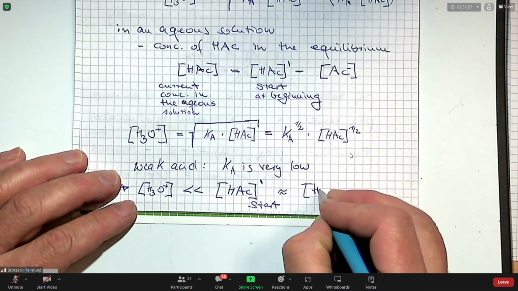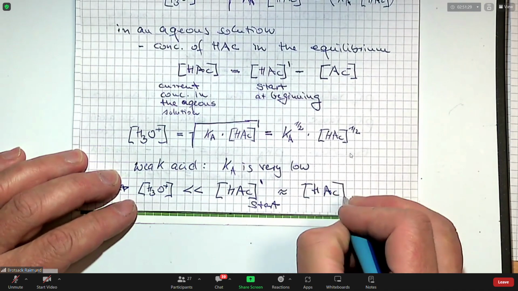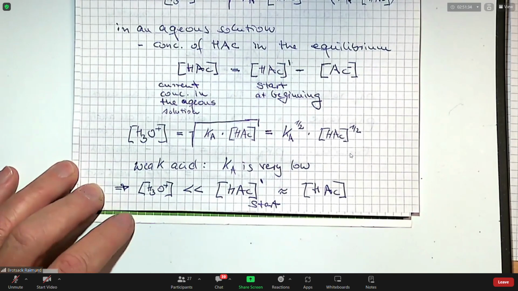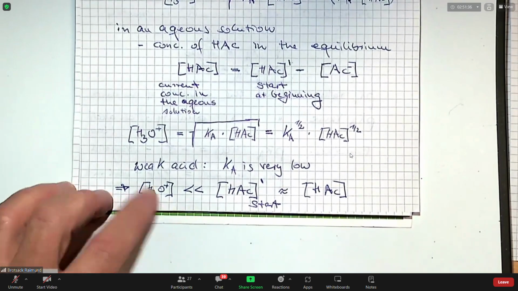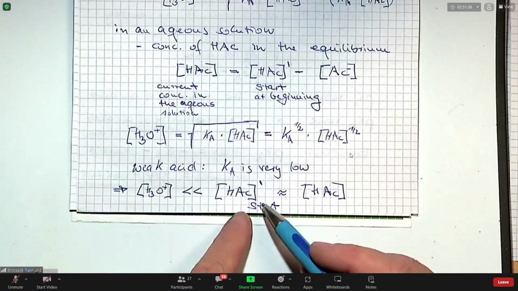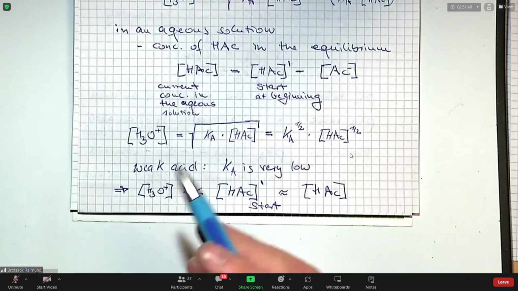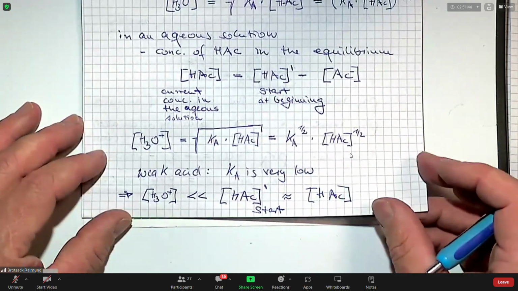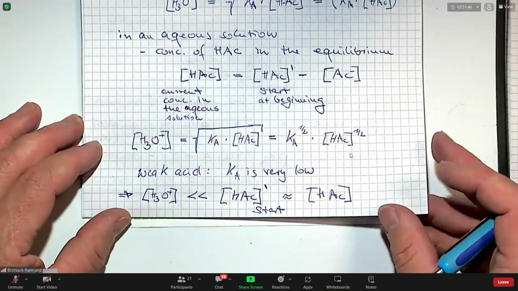We say now that it is similar to the initial start or to the current concentration, because with a very low Ka, not much of it is already transferred to S minus, not many of them.